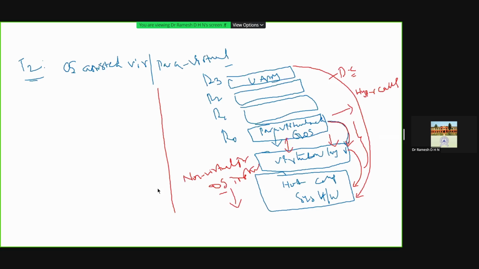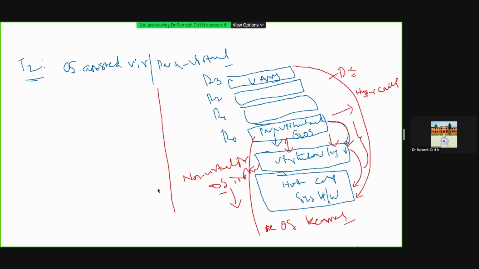So para virtualization, as shown in this figure, involves modifying the operating system kernel to replace non-virtualizable instructions. If we replace the non-virtualizable instructions, they become virtualizable, so the communication becomes more sophisticated.